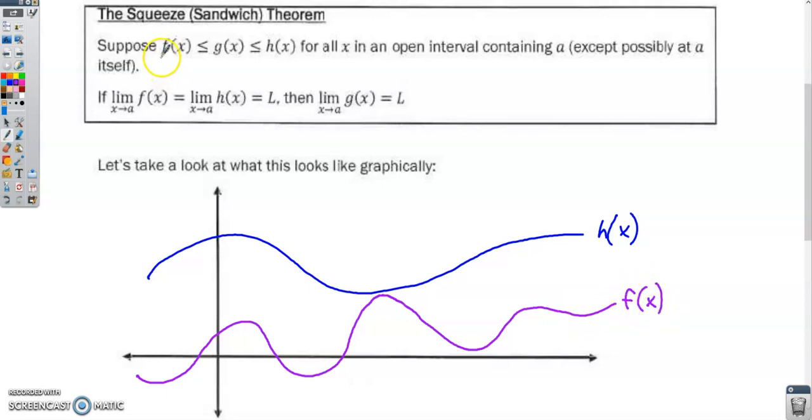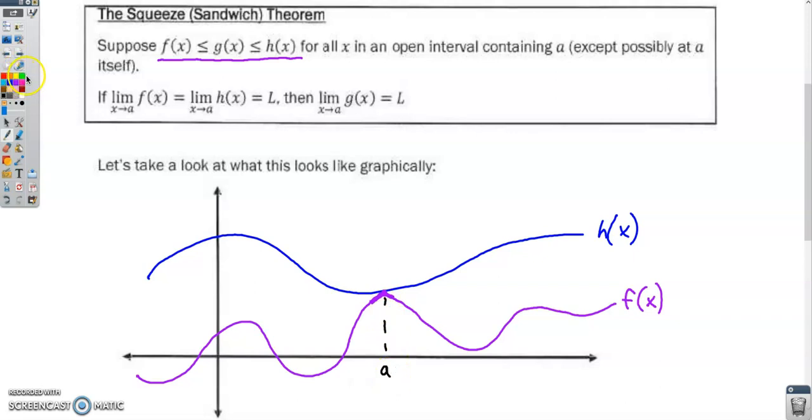And the way this is written here is that f of x is less than or equal to g of x is less than or equal to h of x, but that the limit as x approaches a of f of x and h of x are both equal to L. So I'm actually going to bring this up just a little bit here so that they equal the same value. And I'm going to call this value right here a.